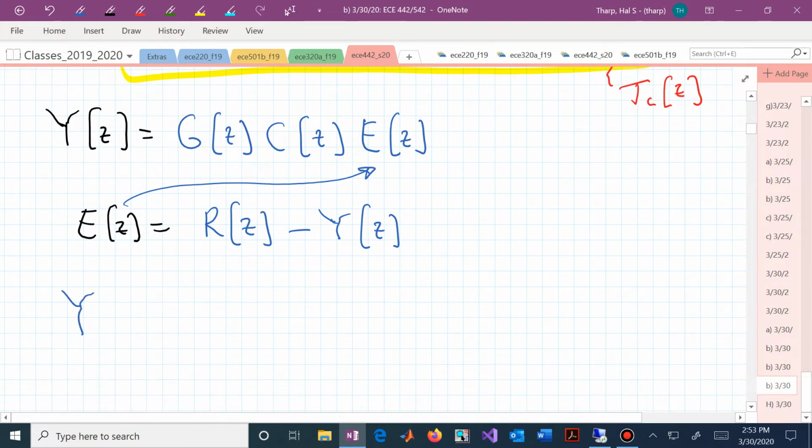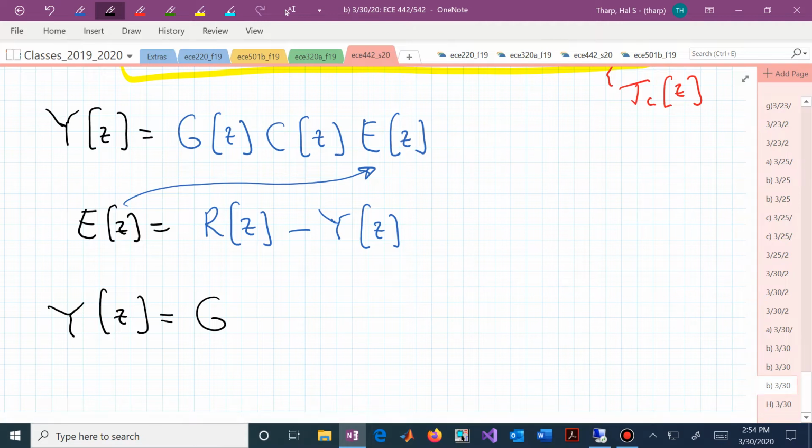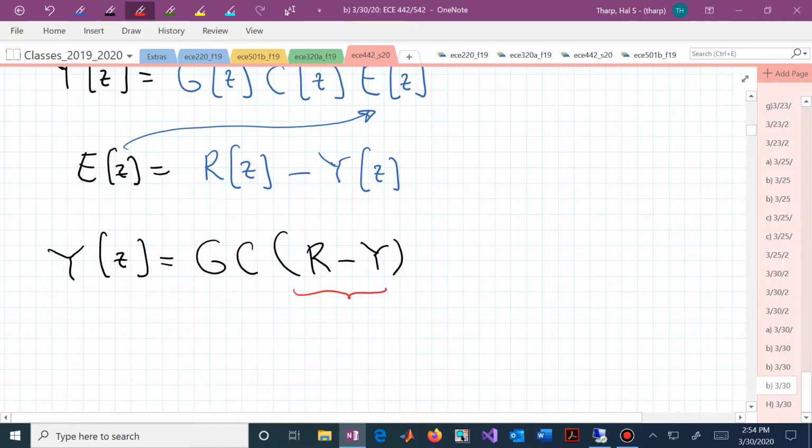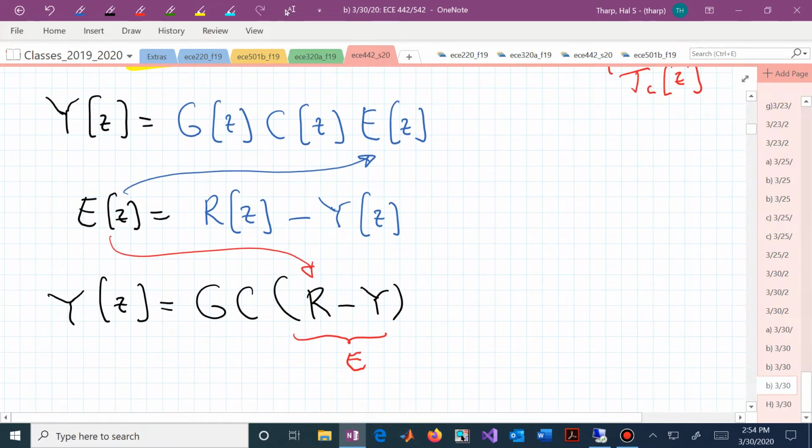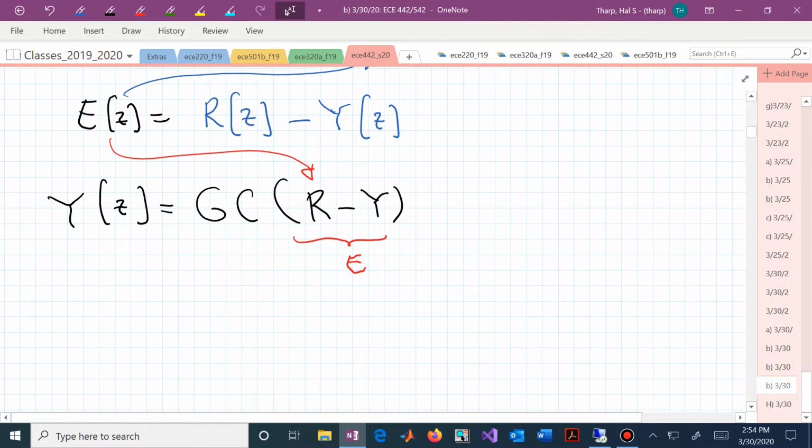Now we can express y of z, and I'm not going to keep track of these arguments on g, c, y, and r. So now we have gc times e, but e is just r minus y. We're just substituting that where it needs to be.